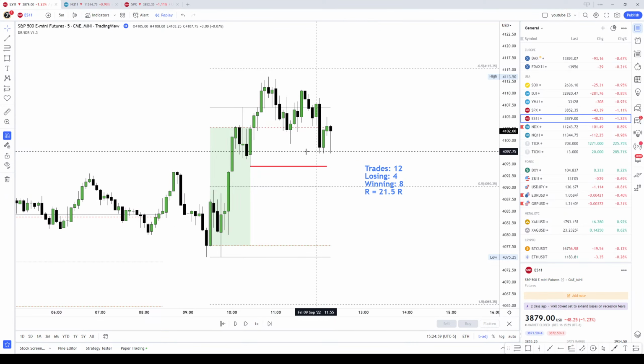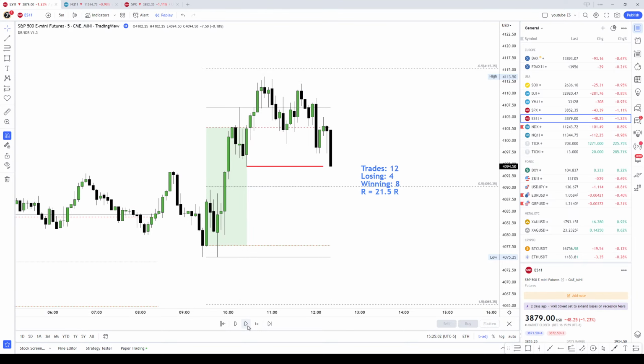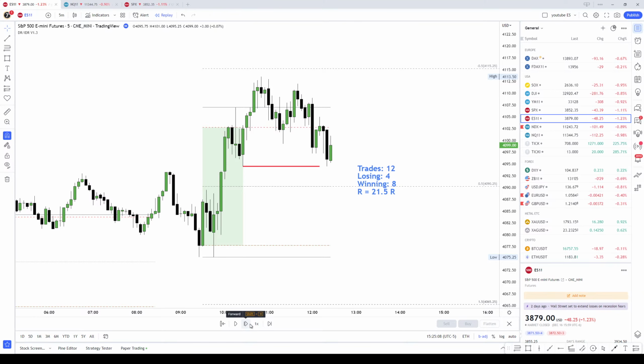So we're going down. We have 3 lows here. I don't think they're gonna hold. So now we are rejecting from the sell side liquidity. Oh, that's quite interesting here.